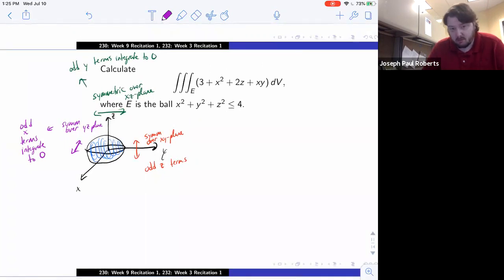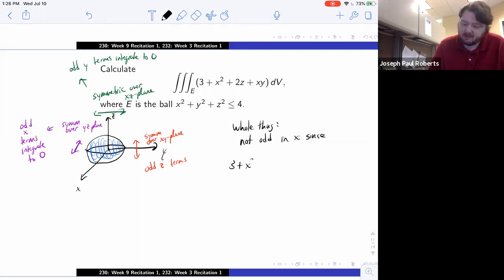No. Because if I change x to minus x, the whole integrand is not odd in x, since 3 plus x squared plus 2z plus minus xy is not equal to minus 3 plus x squared plus 2z plus xy.